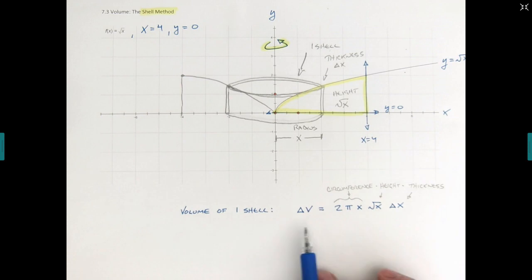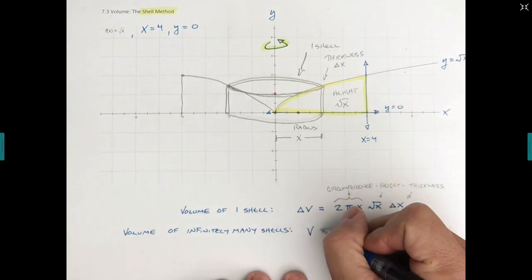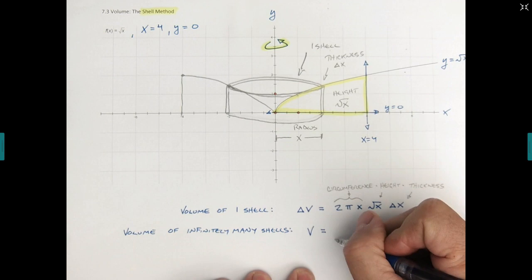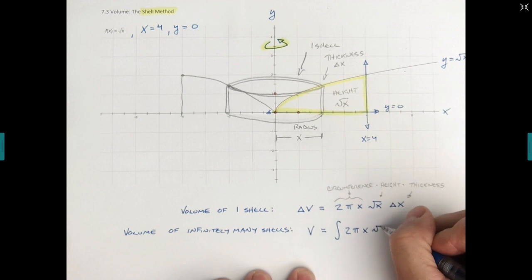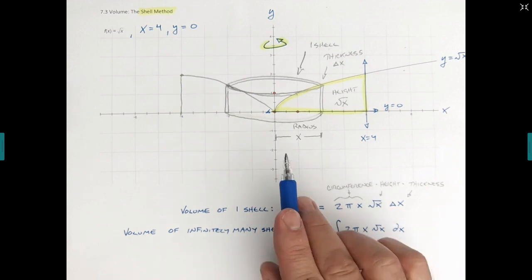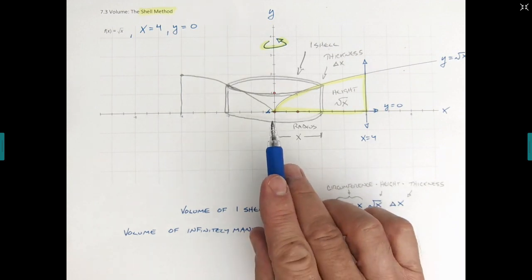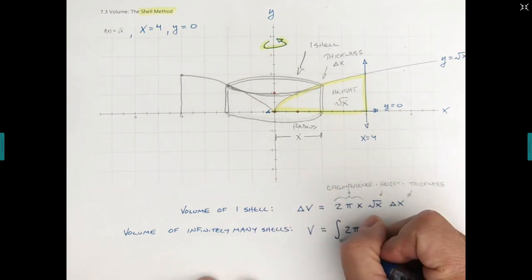So it's a delta x problem. I've got the volume of one shell. Let's talk about the volume of infinitely many. So we're going to integrate 2 pi x square root of x dx, now I want the infinitely many shells, from x equals 0 over to x equals 4, that highlighted region.